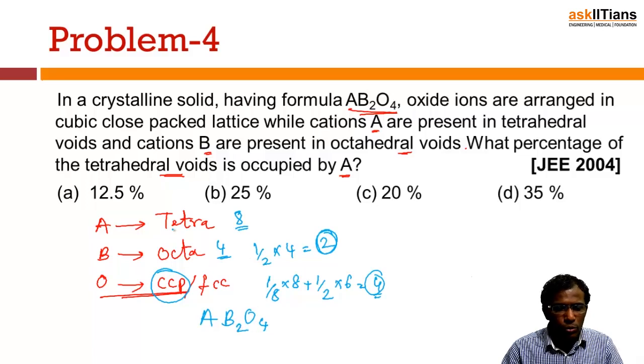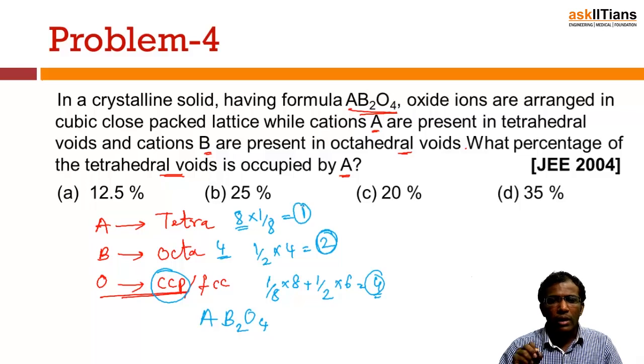And let us come to A. For A, there is only one cation A present per unit cell, right. So, that is possible only if out of 8, only 1 is occupied, right. 8 into 1 by 8, that will become 1.